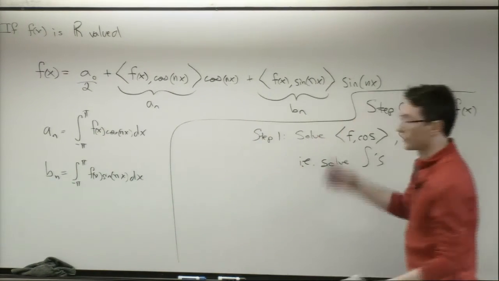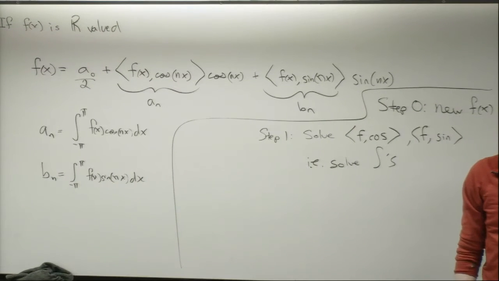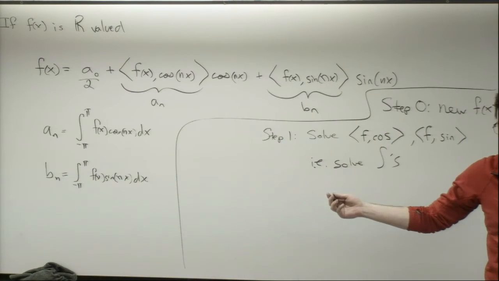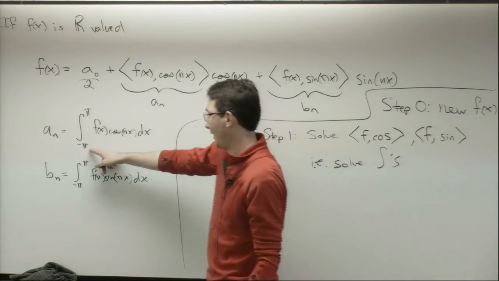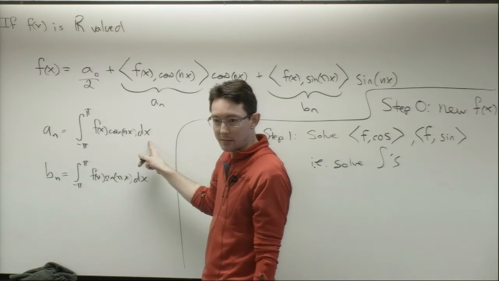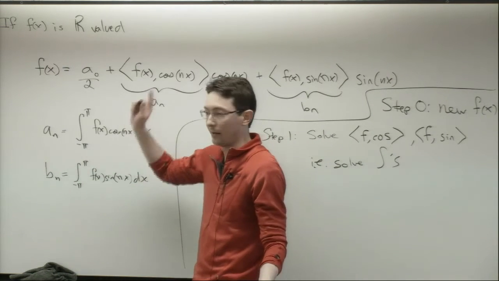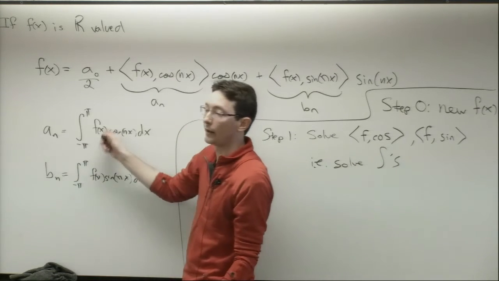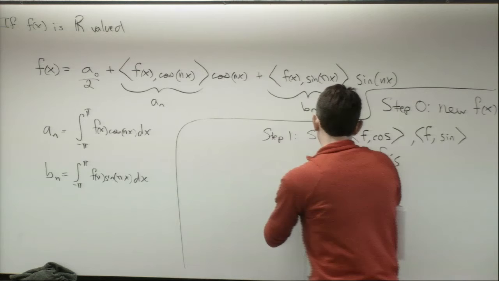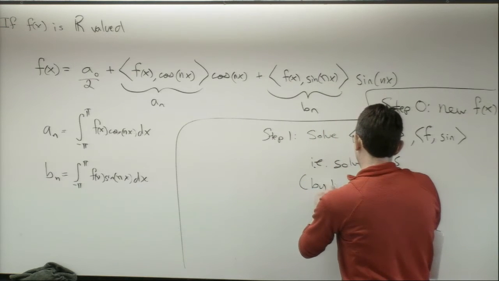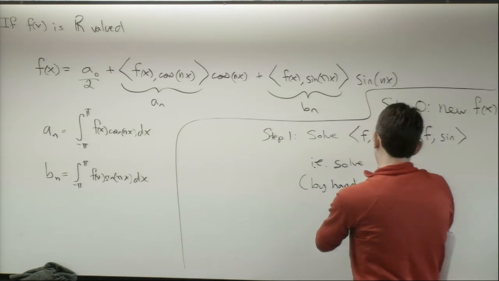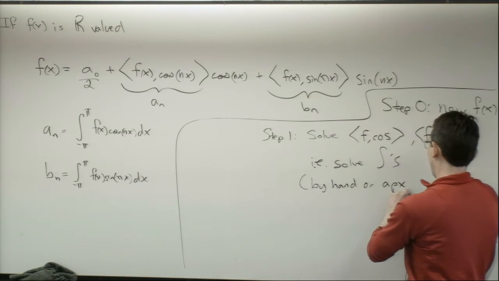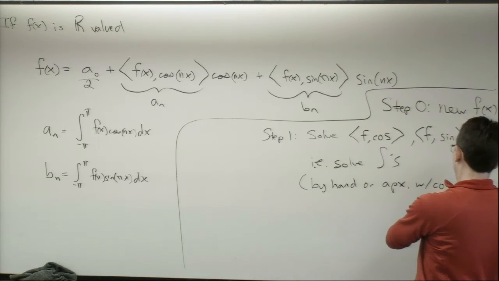Let's say that I can't solve it analytically. Then I would just do it in a computer. I can literally add up f of x times cos of x times dx for a small dx from minus pi to pi. Super easy. With a computer, I can approximate these. So we either do this by hand or we approximate with a computer.